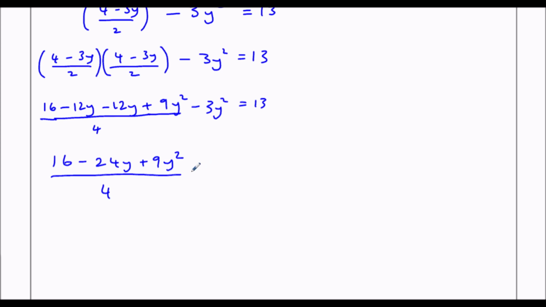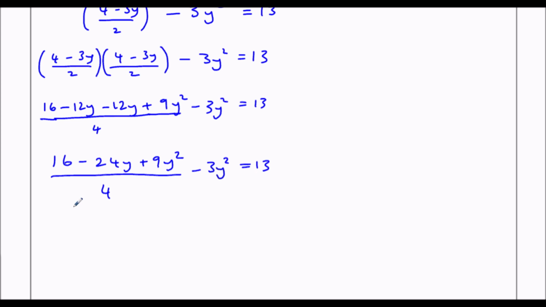Now I want to get rid of my fraction. To get rid of dividing by 4, the opposite of dividing by 4 is multiplying by 4. I need to multiply everything by 4. So I'm going to get rid of the divide by 4 on this part, but I still need to multiply both of my other terms by 4.